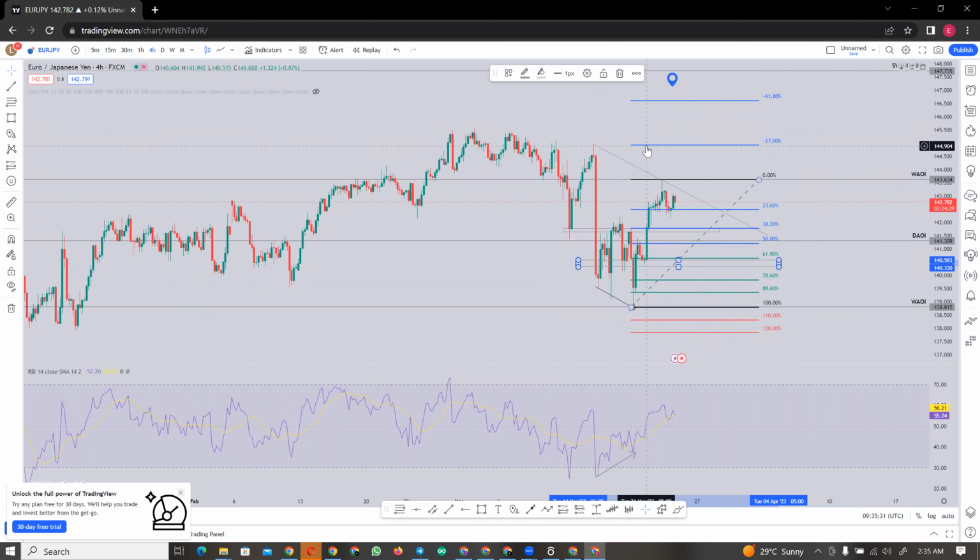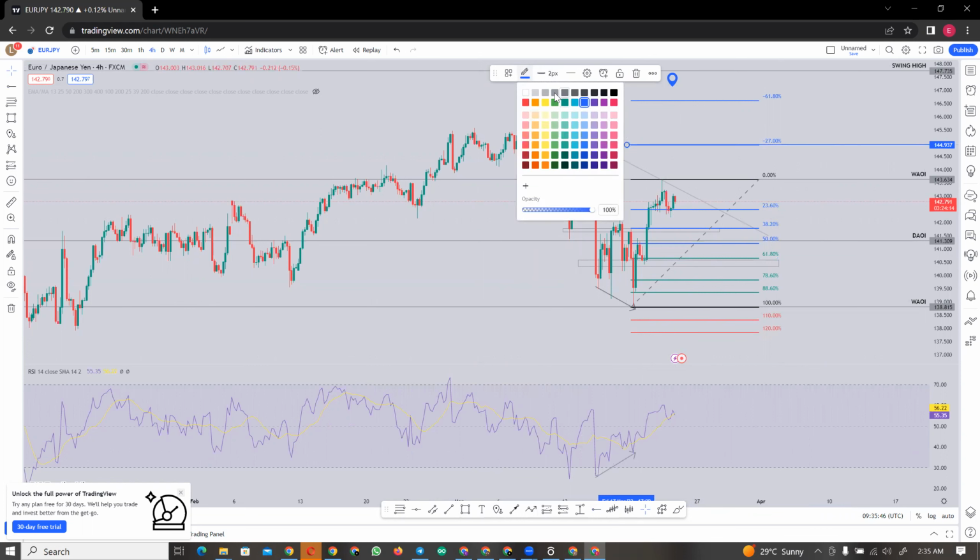I just want to put this negative 27, negative 61.8. We will see how these charts, how these stops play out. They will all play out. Let me level it.